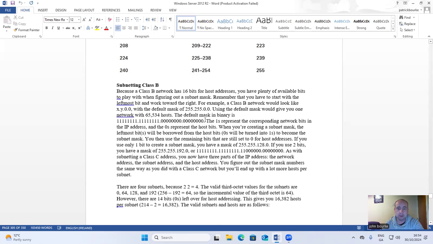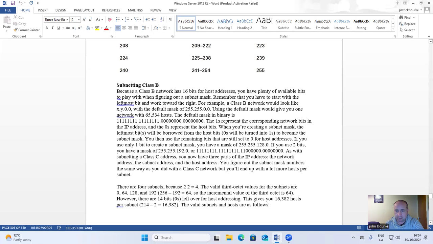The default mask in binary is 11111111.11111111.00000000.00000000.